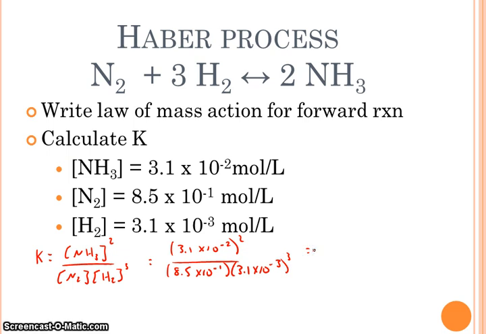Now since all the given numbers have 2 significant digits in them, we'll round our answer to 2 significant digits, and we're going to get 38,000 for our answer. And that's a pretty big number, which represents the fact that the equilibrium is established far to the right in this reaction. In other words, we're going to have a lot of product compared to reactant when the system's at equilibrium.